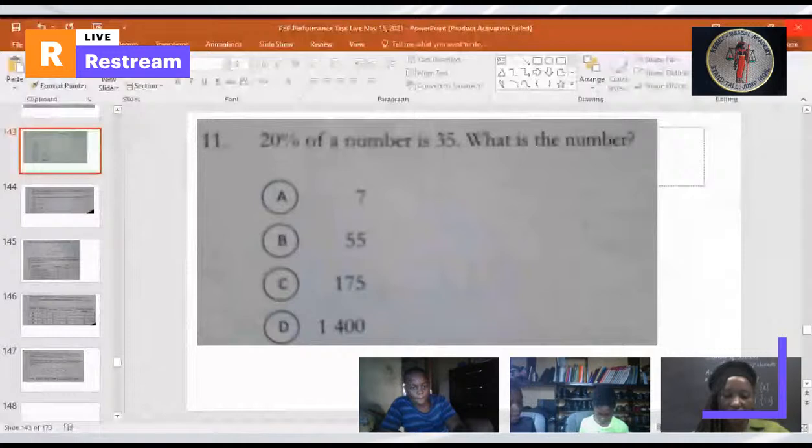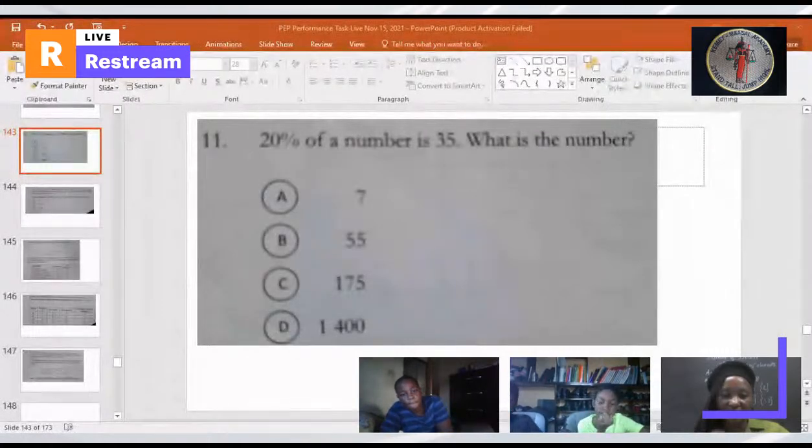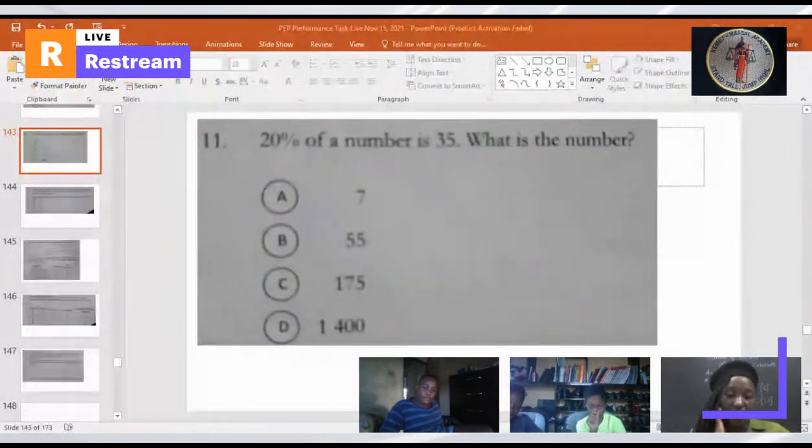All right, so what's the number? Miss, it would be 175. How are we going to approach it? Are we just going to pick all the numbers and find 20% of them and see which one gives 35?